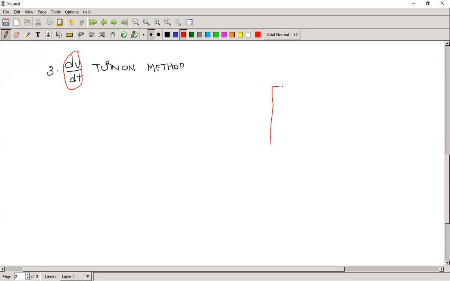This is the P N P N device: anode, cathode, and this is the gate terminal G. This is junction 1, junction 2, junction 3.